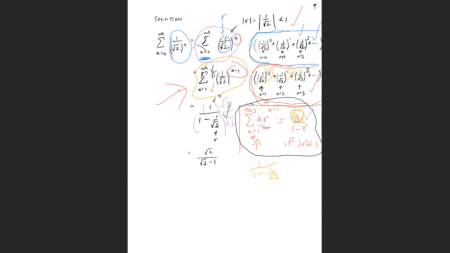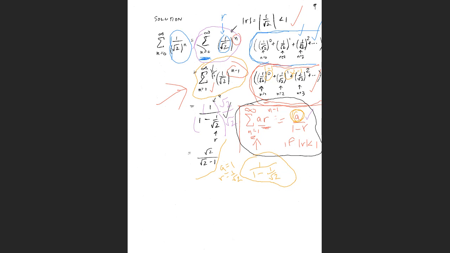So sometimes students just identify the series as a geometric series, and then they say, okay, well, the first term is 1. Common ratio is 1 over root 2. I can get the sum. So that's a second way.